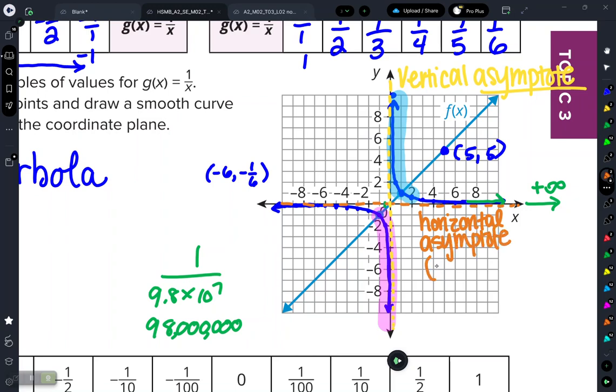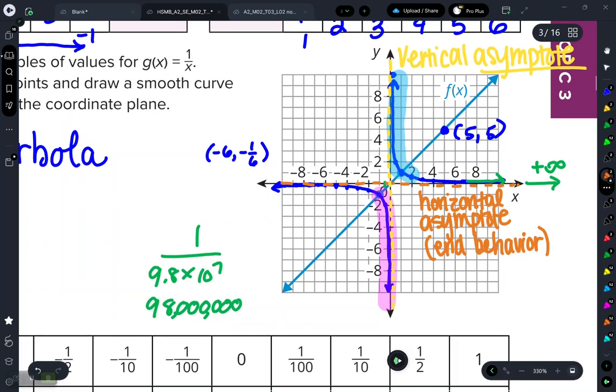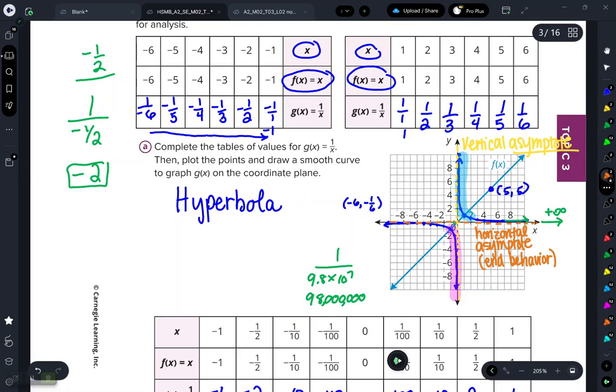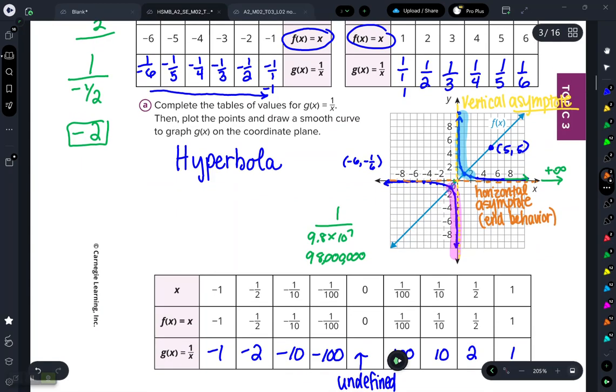And this one basically shows a specific type of end behavior. Vertical asymptotes come from specifically things that are undefined. As we saw in this case, x cannot be 0 because it makes the function undefined. It creates the vertical asymptote.